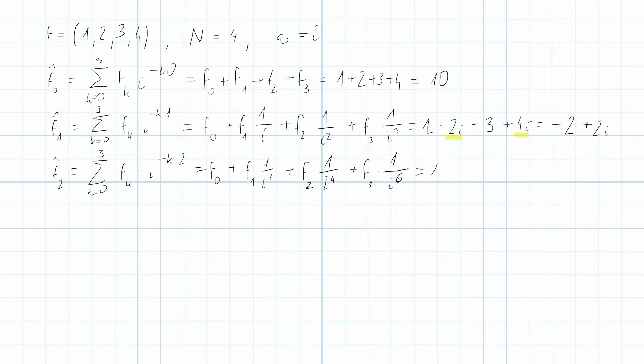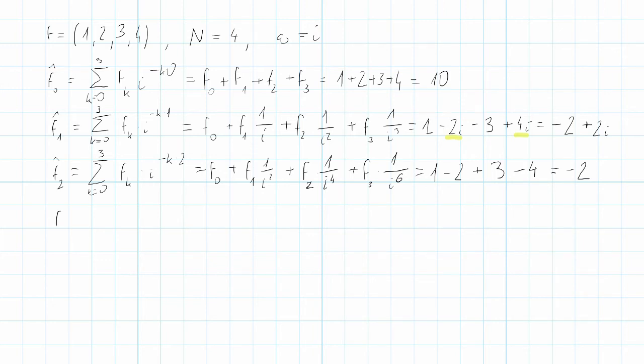So again this is 1. Now i square is minus 1, so minus 2, plus the 4th power of i is again 1, so it's plus 3, and the 6th power of i is again minus 1, so it's minus 4. So this is minus 1, so it's minus 2. So this equals minus 2.